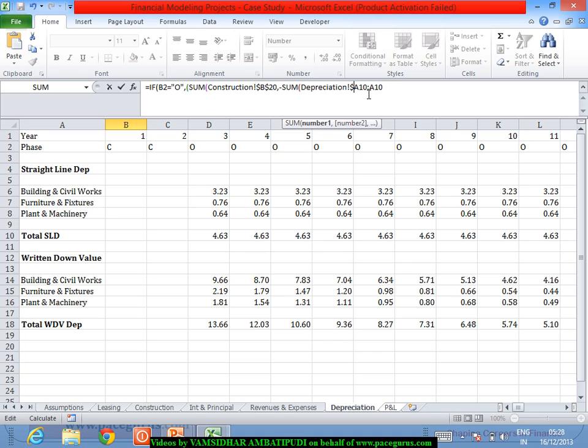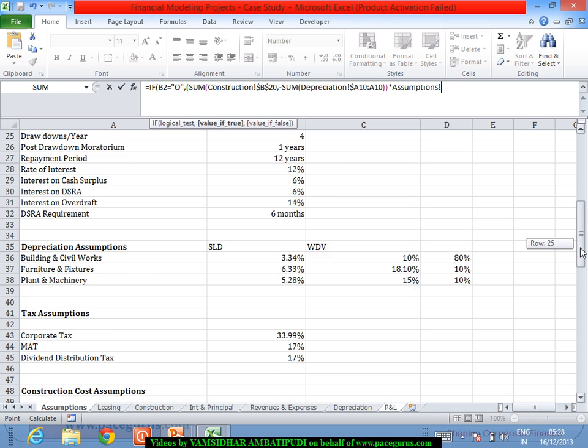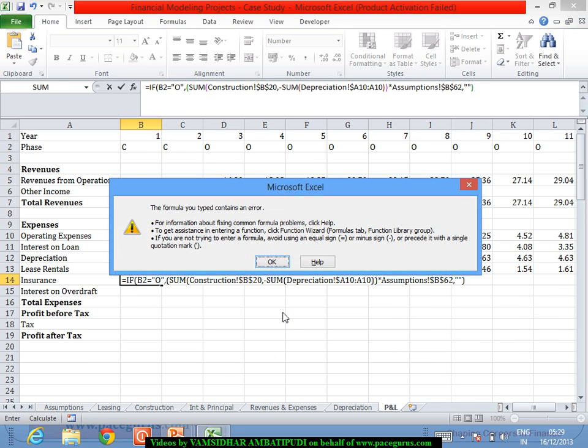Whatever has been depreciated until the previous year, I will sum and subtract it, and to that particular amount I will multiply the insurance cost. What is the cost of insurance for me? Whatever is the total construction cost, 1% of that is what I'm treating as my insurance expense. Otherwise, if that is not an operations period, I'll simply leave it blank.